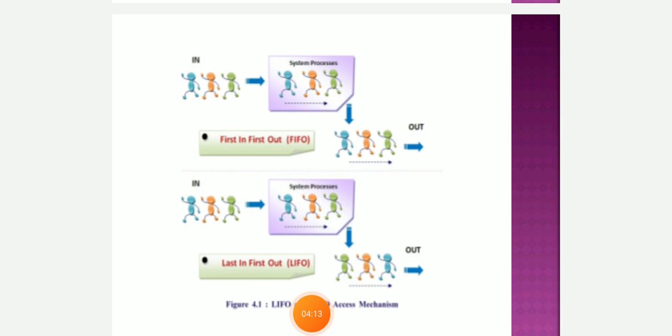In the previous lecture I explained this picture, LIFO and FIFO access memory. FIFO means first in, first out. It means the first entry that goes into the system will come out first.